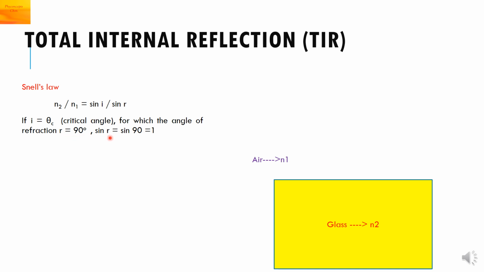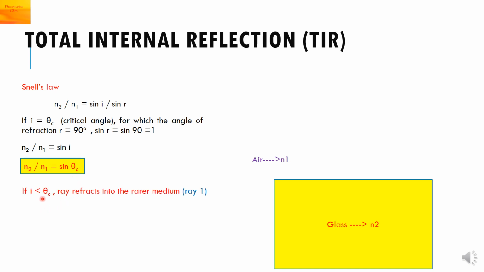So we can write sin R as sin 90 degrees, and that is equal to 1. If you substitute sin R is equal to 1 in Snell's law, we get n2 by n1 is equal to sin I. You can replace I by theta c. So n2 by n1 is equal to sin theta c.